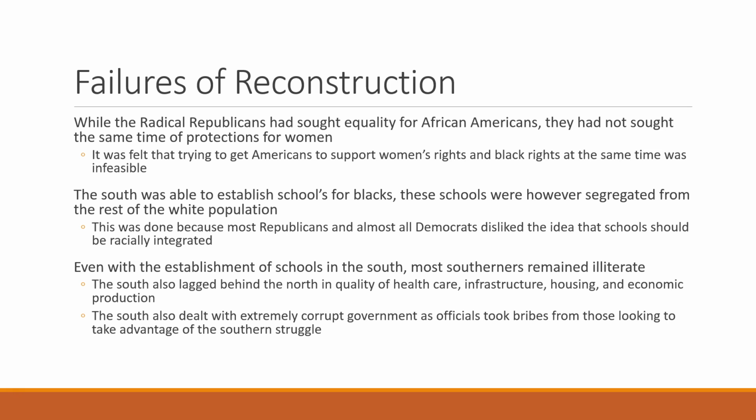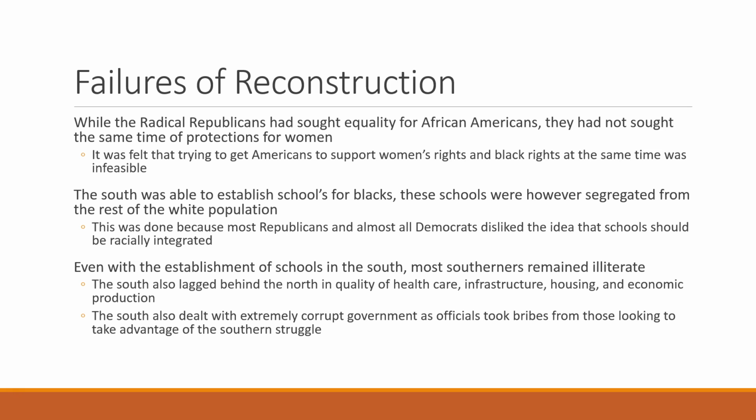So what were some of the failures of Reconstruction? While the Radical Republicans had sought equality for African Americans, they had not sought the same protections for women. Even the Radical Republicans felt that trying to deal with racial equality and gender equality was just not feasible to do at the same time. It puts a strain on a lot of relationships, and it's unfortunate because we're already dealing with a great deal of change, and women at this point in time are really looked at as being property.